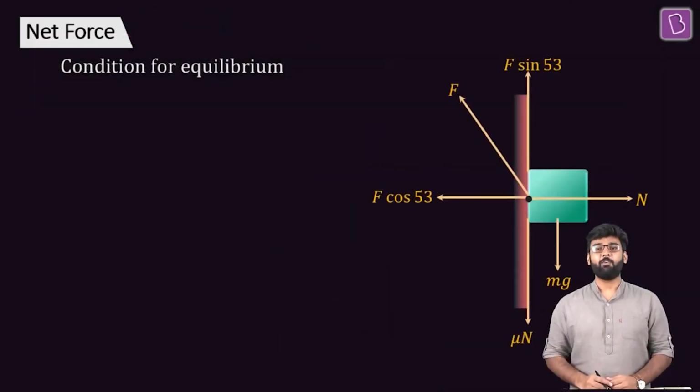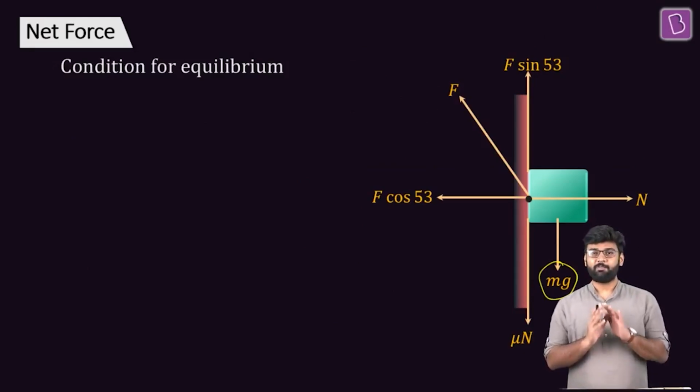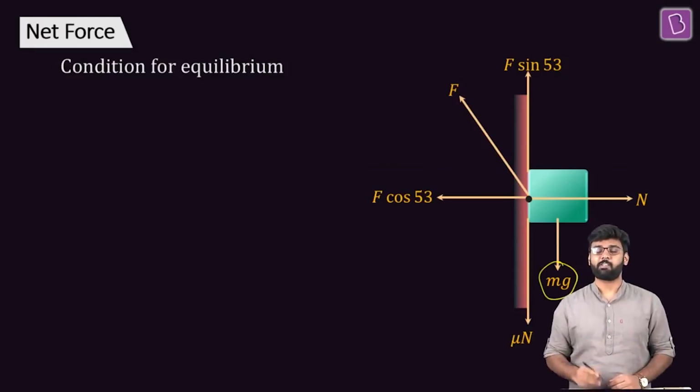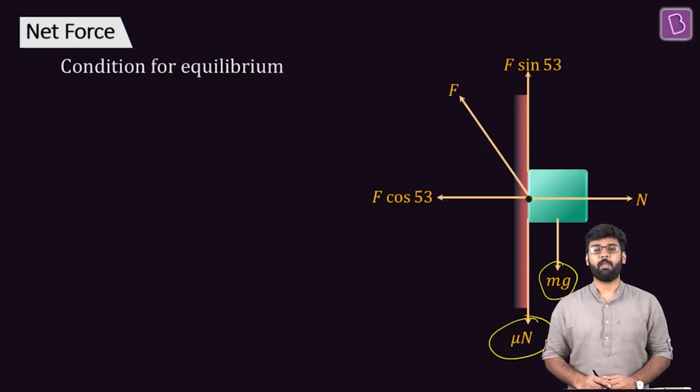Here in the FBD you can see, first of all, the weight of this block will act in the downward direction. And since we are trying to move the block in the upward direction, the friction will try to oppose and also act in the downward direction. So here you have mu times n.